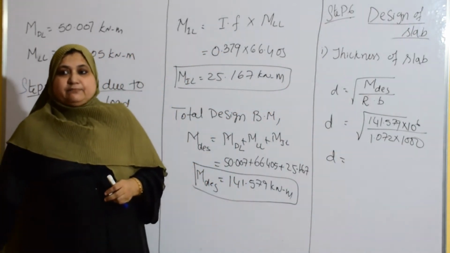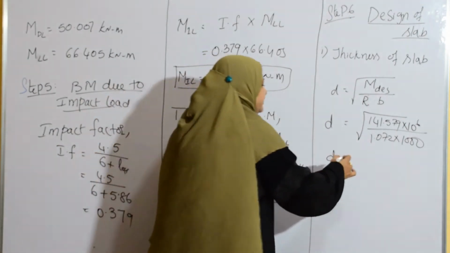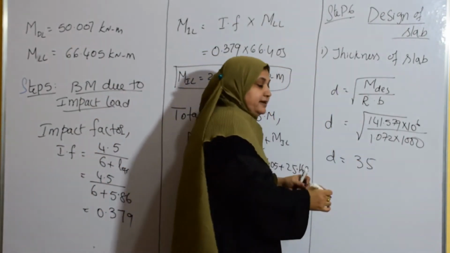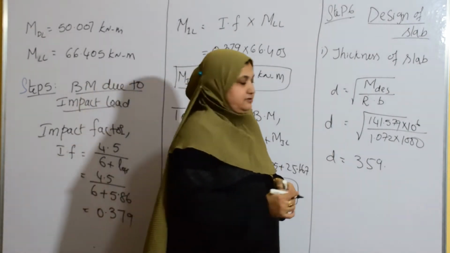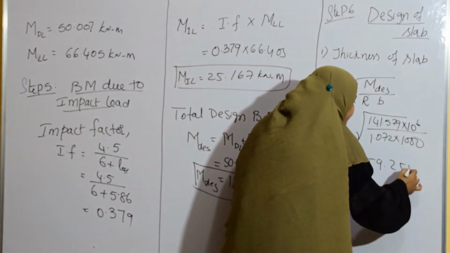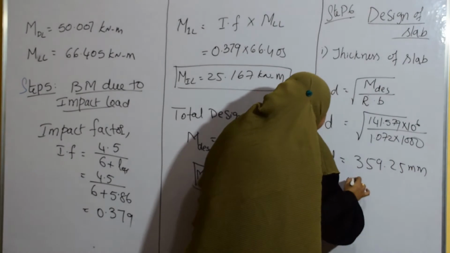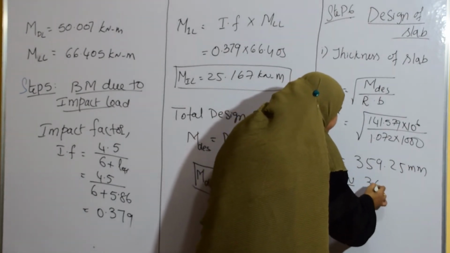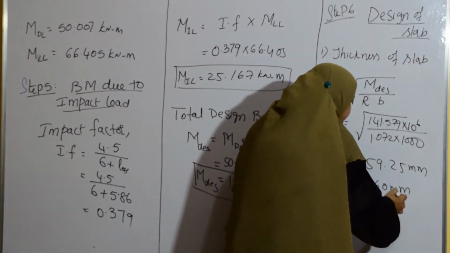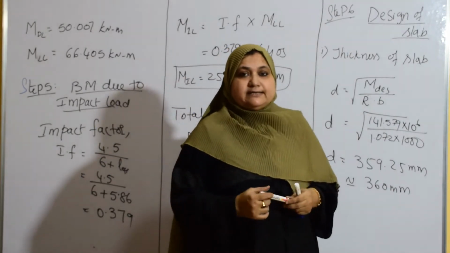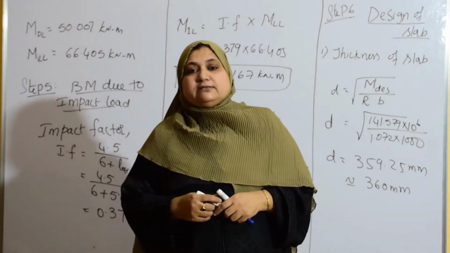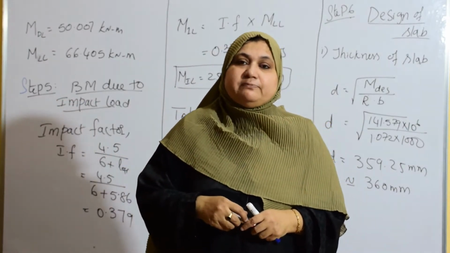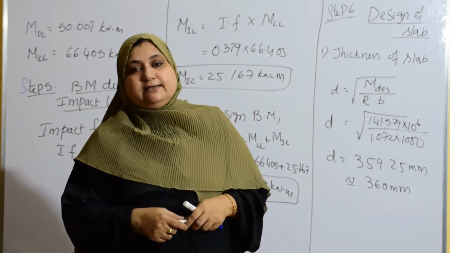If you do this, you get the thickness; this small d is the effective thickness. It will be 359.25 mm, which you can approximate to 360 mm. This is the effective thickness. The overall thickness we will find out by assuming the diameter of the steel bar which we will be using, and the clear cover.